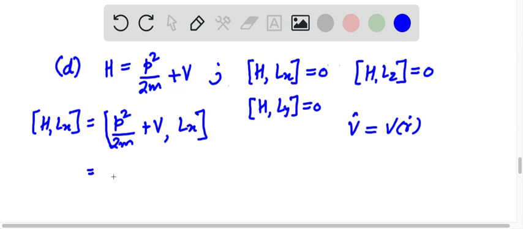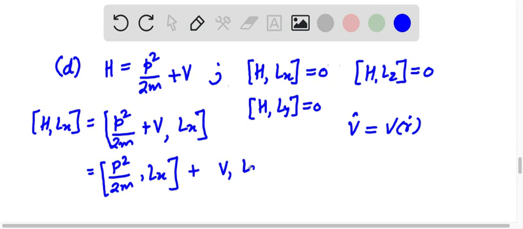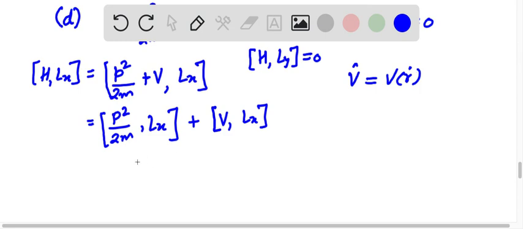From here, it will be p square by 2m Lx plus V Lx, and this will be V Lx minus Lx V, that way it will be 0, and it will be 1 by 2m [p square, Lx] plus [V, Lx].